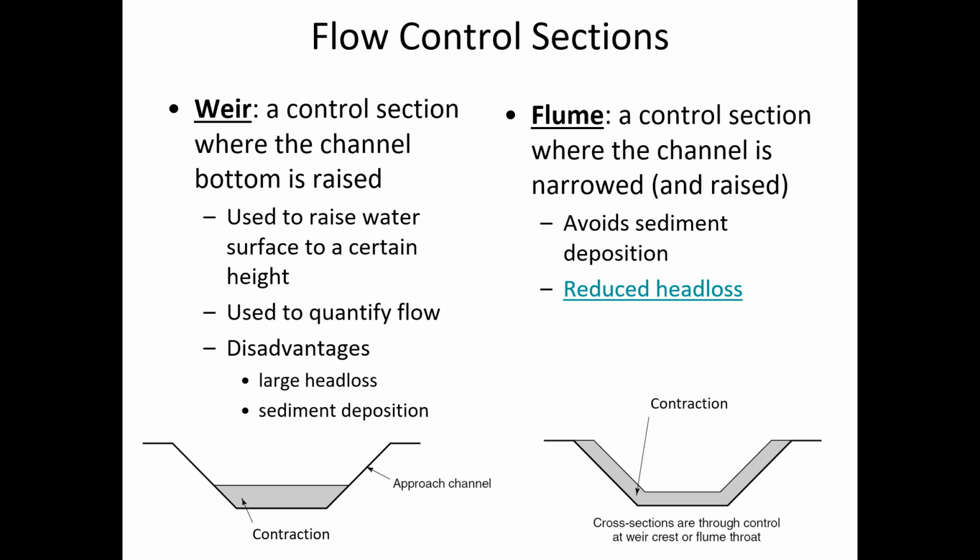Instead of raising the bottom, it makes the channel narrower. The advantage is that it avoids deposition and has less head loss, so it's a more efficient way of quantifying the flow rate, satisfying the same overall objective.